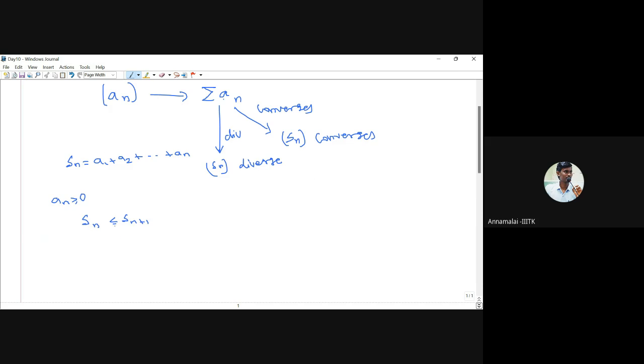So if it is increasing and bounded above, then the series converges. Then summation An converges. And then it is enough to show that this Sn is Cauchy.